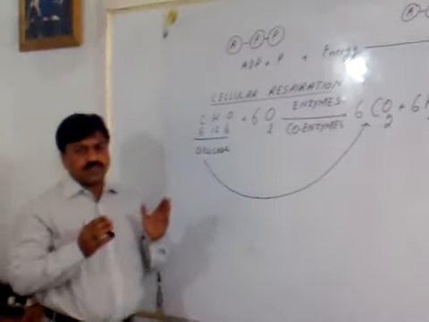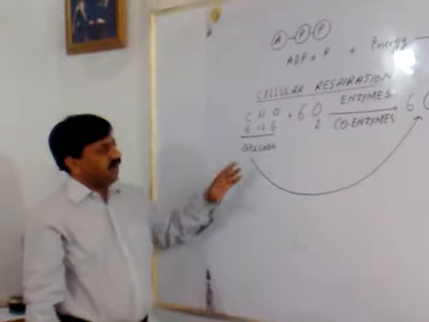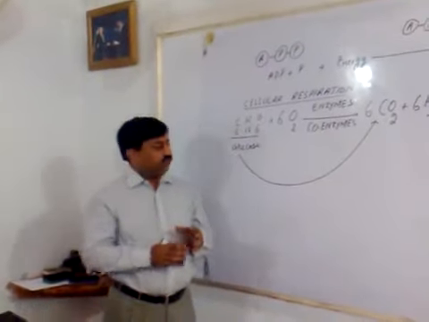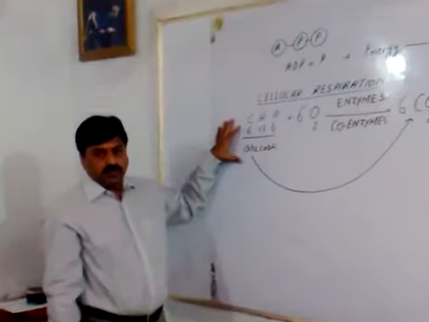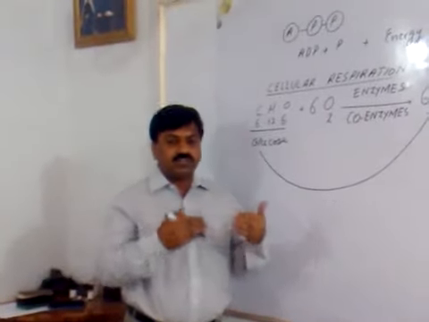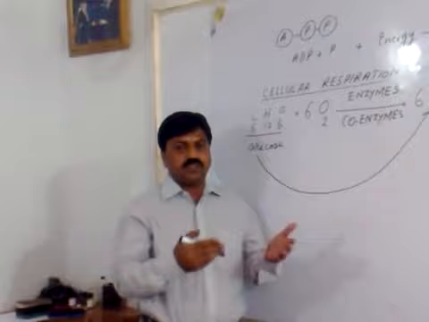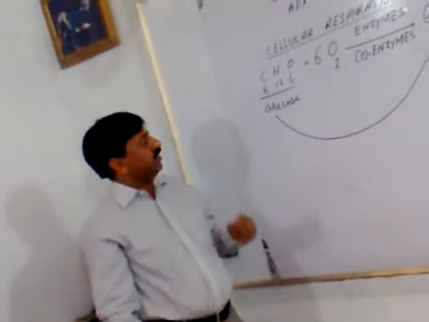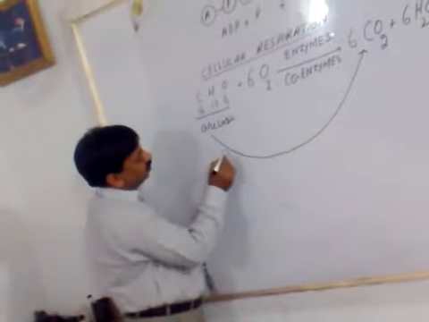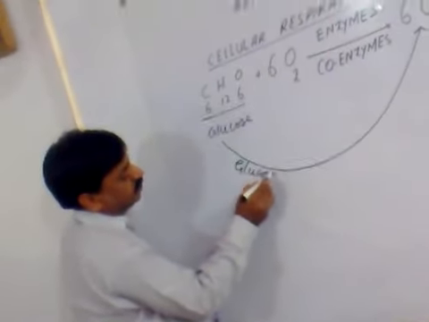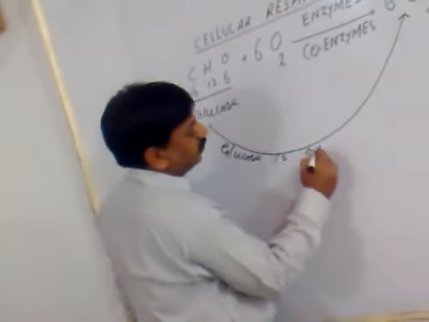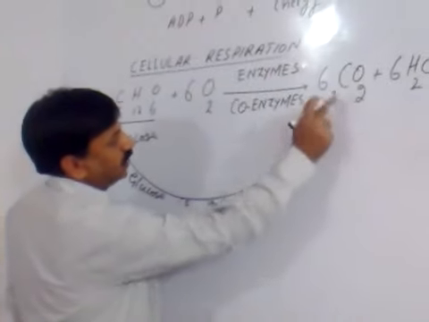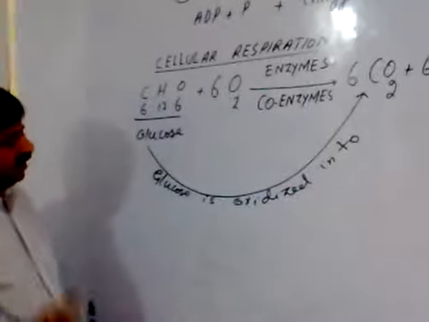And there is a chemical term for this reaction, we say oxidation and reduction. When a molecule loses hydrogen atoms along with electrons, this process is called oxidation. So we say glucose is oxidized into carbon dioxide.